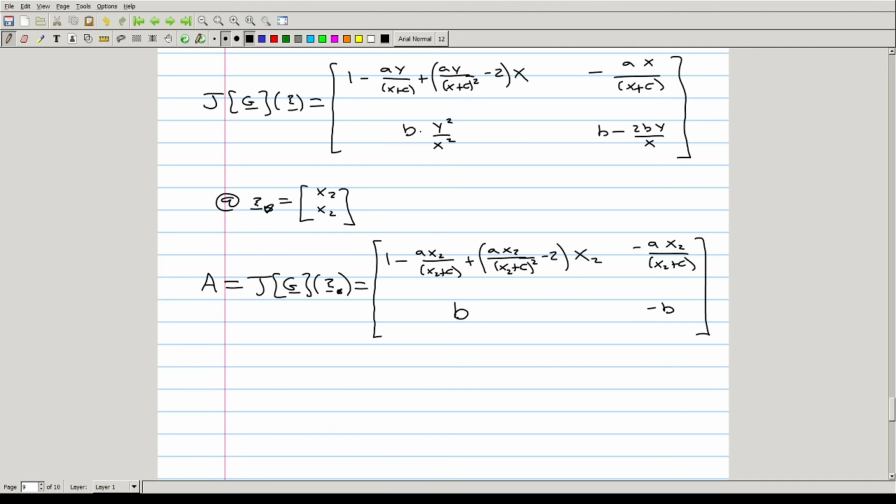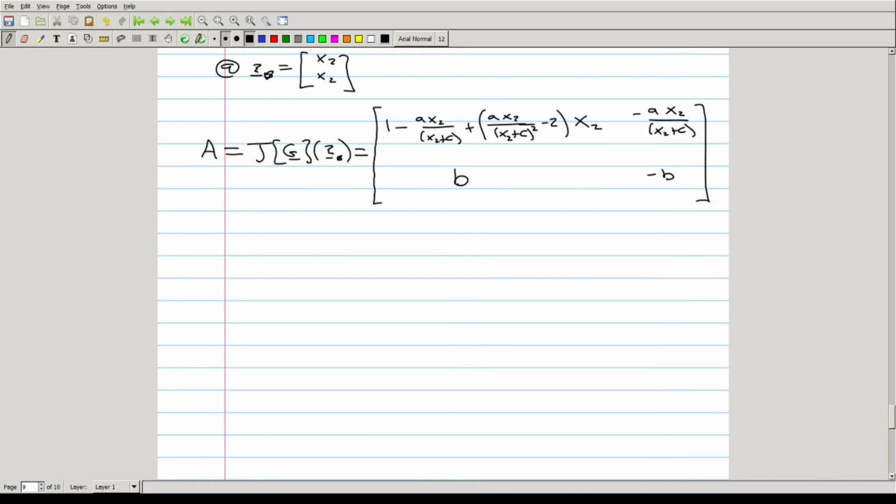Even though the Jacobian does simplify a little bit, we want to be specific, and we'll look at a specific example for values of a and b just to get some numbers down.